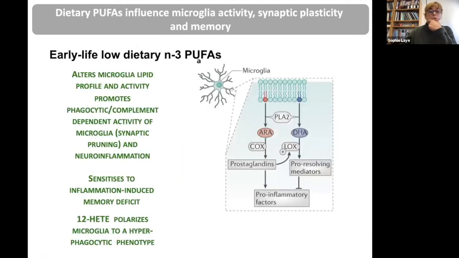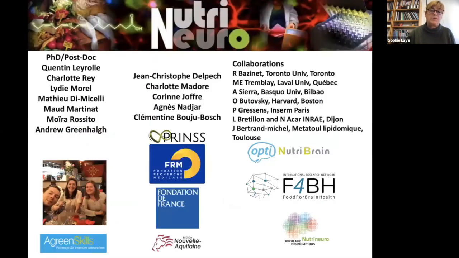So to end, it seems that in this animal model the level of omega-3 is really important to polarize the microglia during development, and that a high level of arachidonic acid in the brain and 12-HETE polarize microglia toward hyperphagocytic activity, which will play a role in the impairment of the formation of the synaptic network and in memory impairment.